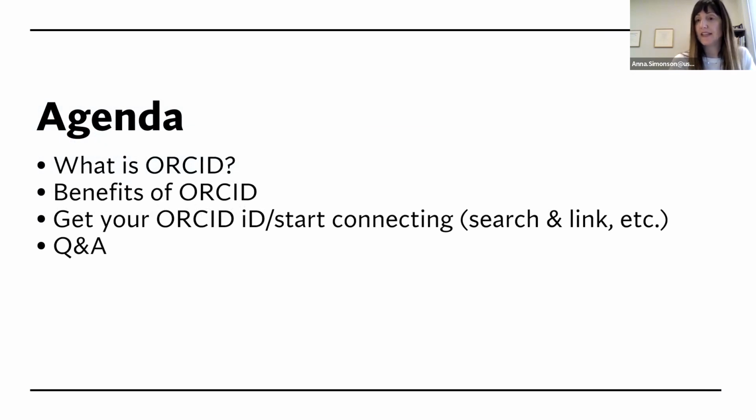If you already have it, you can still benefit from this because we will not just get the ID, which only takes like 30 seconds, but we will start going through the actual record sections and start helping you fill those out, start connecting you to those external features through something called search and link. And then lastly, we'll end with a Q&A. But as Gina said, you can just pop any question into the chat at any time, or you can unmute yourself and just talk. So it doesn't need to be super formal today.